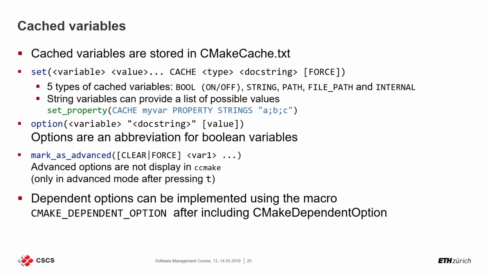And option is just a shortcut basically for Boolean cached variables. All the variables that you create here will show up in CMake. Maybe some you don't want to show to the user because they are just internal. You can mark them as advanced, and they will not show there until you press a special command T.